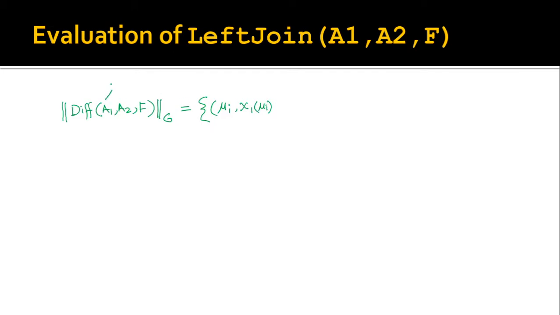So we have the solution set for A1 to be M1 and the solution set for A2 to be M2, right? Such that this mu I belongs to M1, and for all mu j where your mu j belongs to M2, of course with multiplicity of mu j in M2 to be greater than 0.